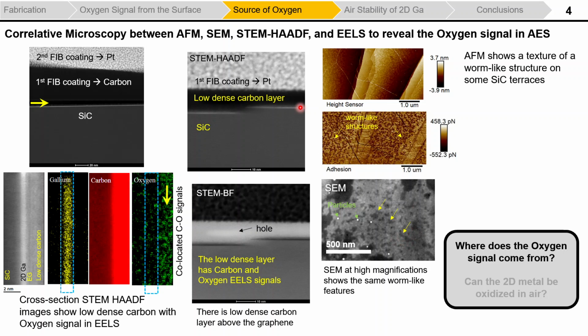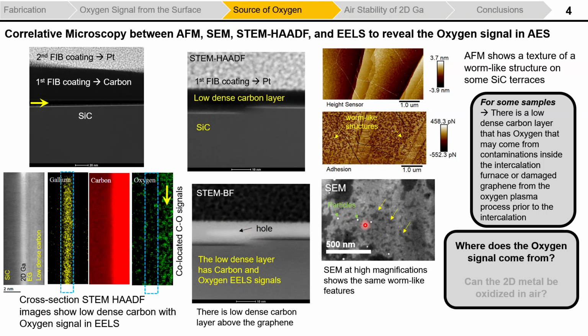And when we cut a FIB cross-section, we can find this low-density carbon with the worm shapes in plan view and in our cross-section view as well.